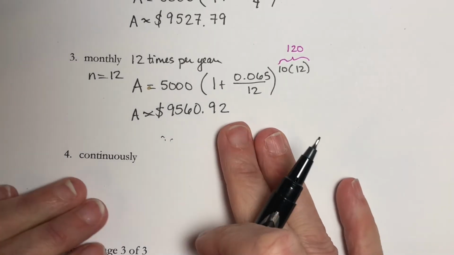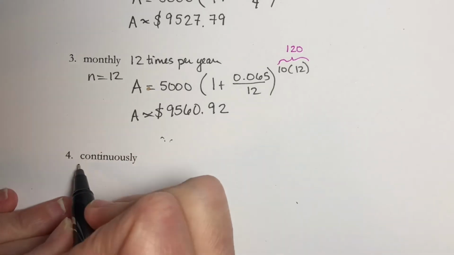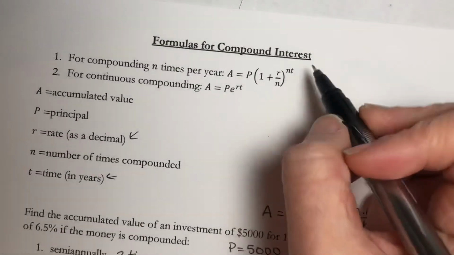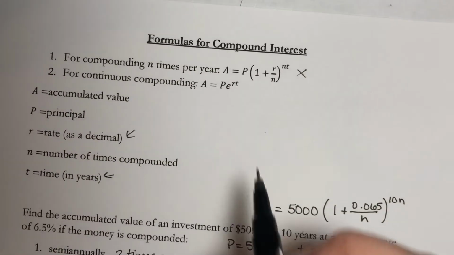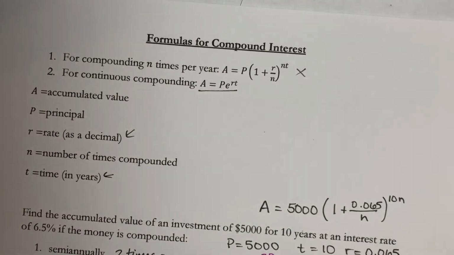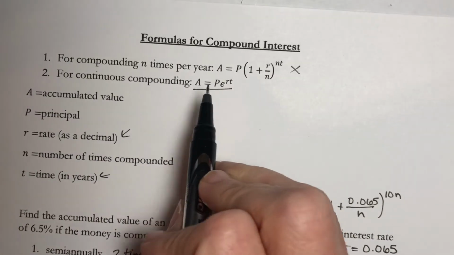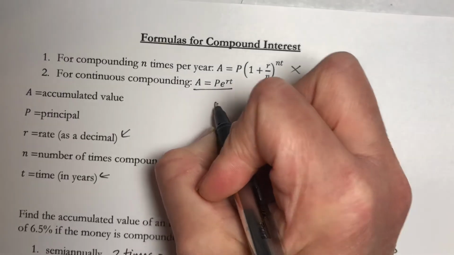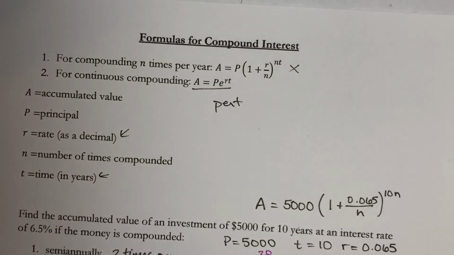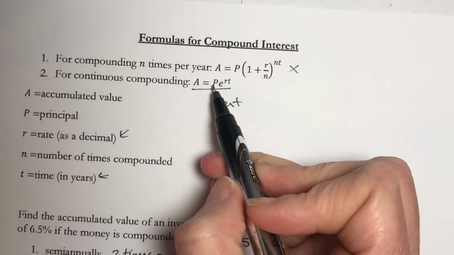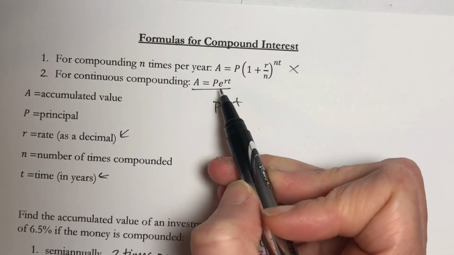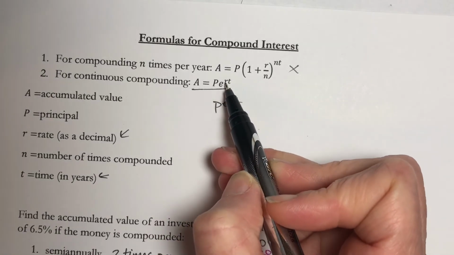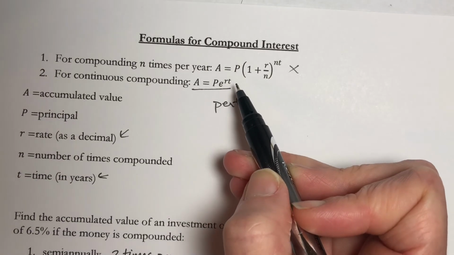And there is a limit to this. If you see the word continuously, you do not use this formula. You will only use this formula: A is equal to P e to the RT. A lot of people read this as PERT. The principal times e, and that's the number e, raised to the rate times the time.